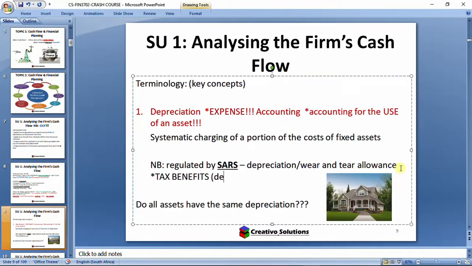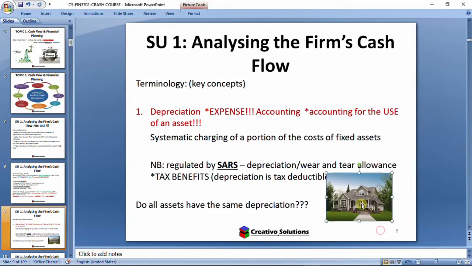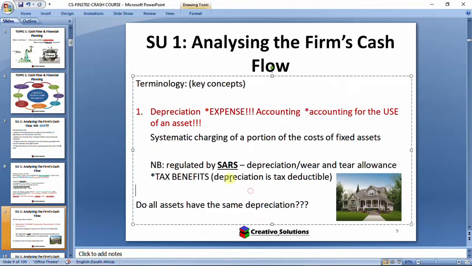Why? Depreciation is tax deductible. So I can lower my income tax for the business if I have more assets that I can depreciate. That's why businesses always purchase more assets. It's a good idea. The more assets you have, the more depreciation you can account for. And because I'm accounting for that depreciation, I'm going to derive some sort of tax benefits.